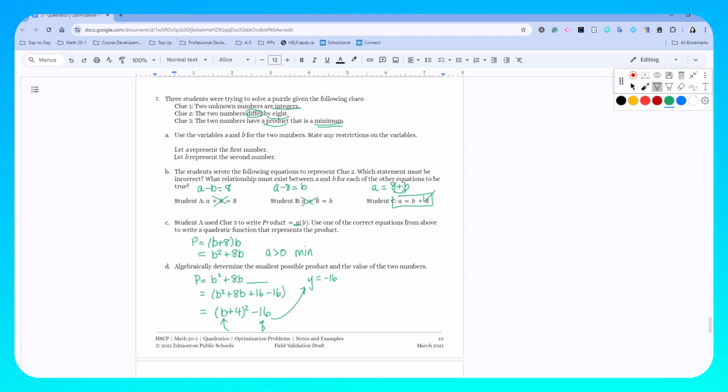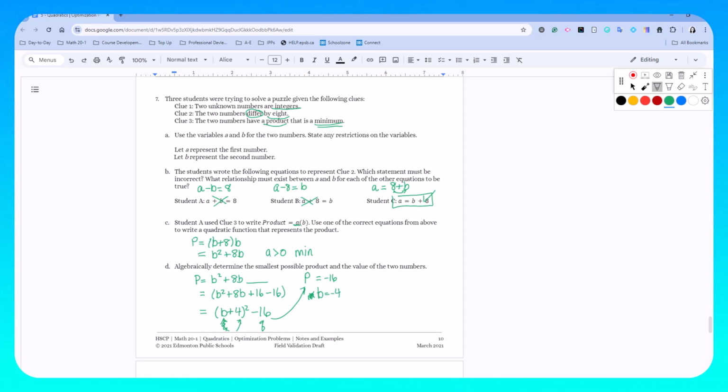One number is the x value, which is the b value, my bad, I'm mixing up my variables, negative 4. Okay, and I'm going to change this so as not to confuse everybody. This is the product. The minimum product is negative 16, and b equals negative 4.